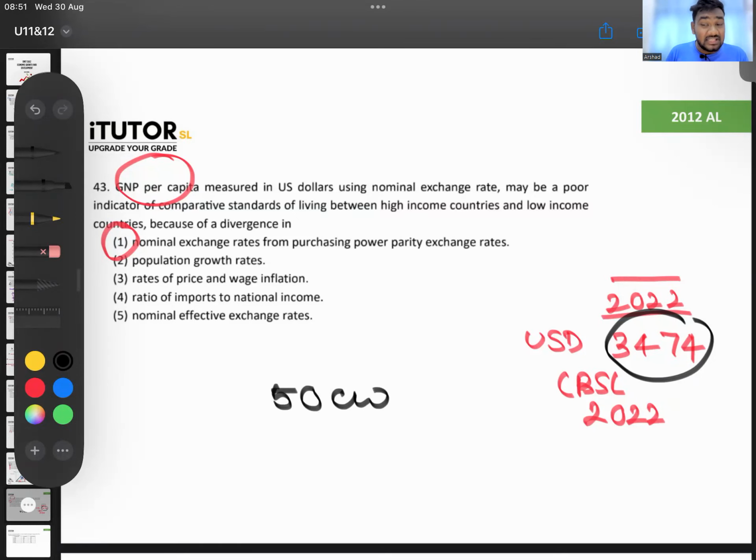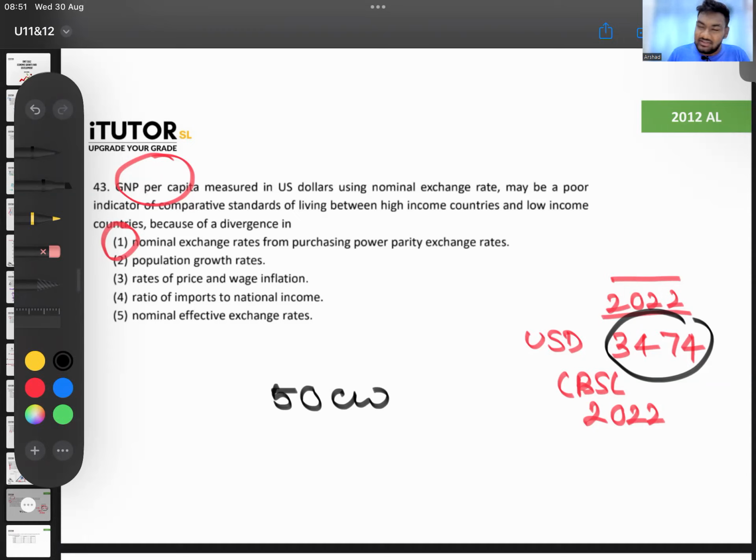Because the purchasing power between these countries is different. What you can buy with 3,000 rupees in Sri Lanka, you can't convert that money to dollars and buy in the US, because in the USA the living standard is high, right? Their cost of living is very high. So just looking at dollar terms, it's not a good measure to compare the living standard.